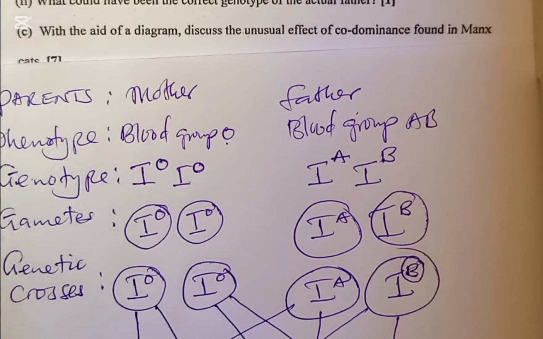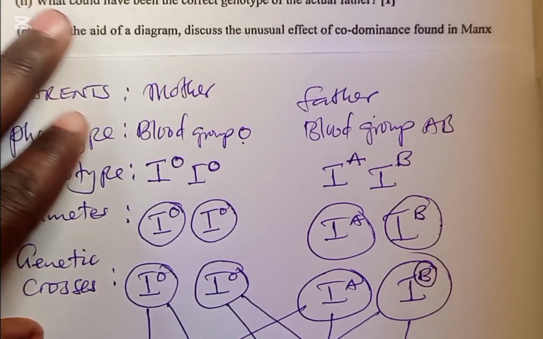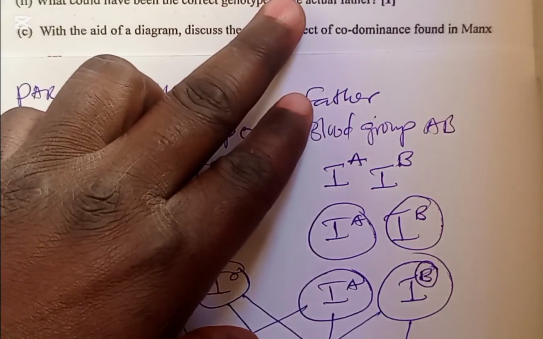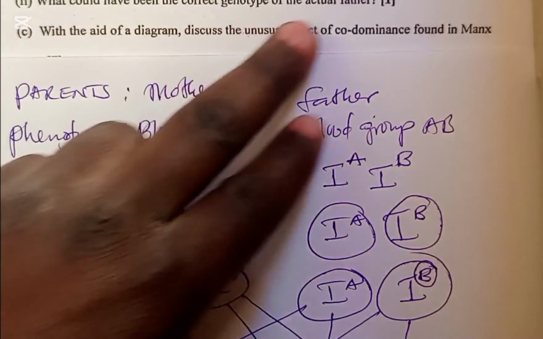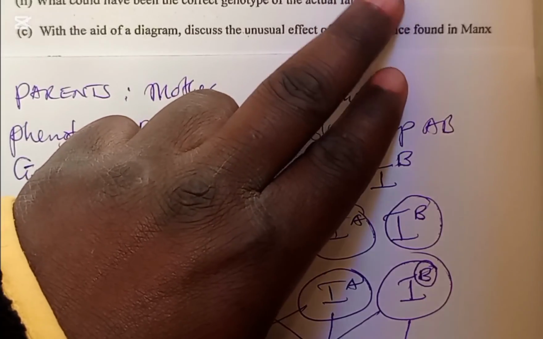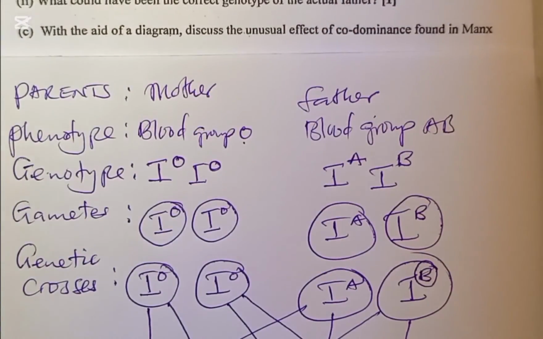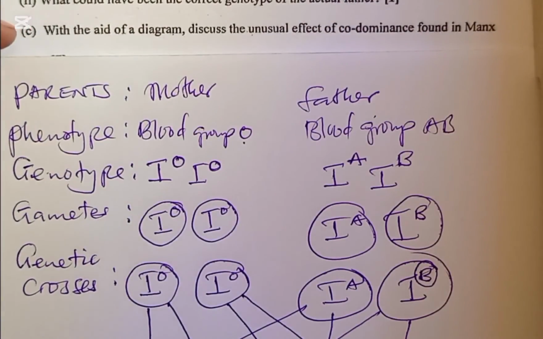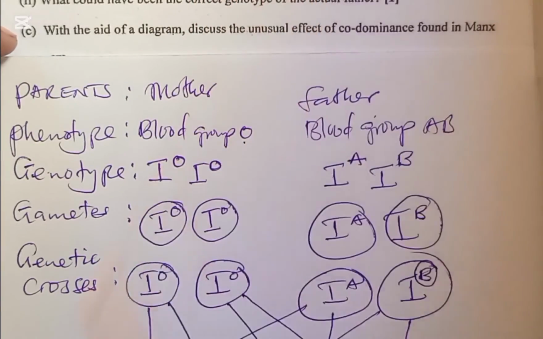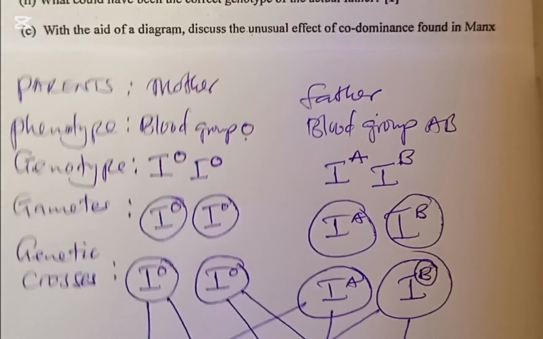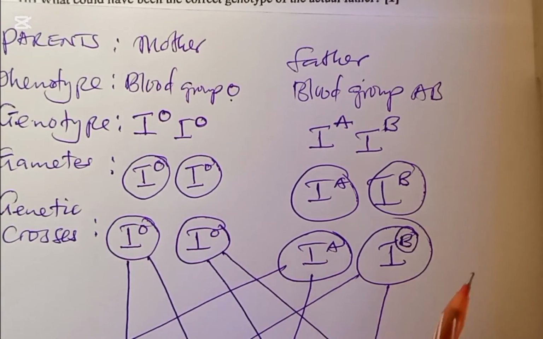Okay, so the first one is saying, by using a genetic diagram, explain why. So the genetic diagram that you've made here is this. So now let's explain why Mrs. Mlenga would win or lose the case. So now we are told that the baby in question has a blood group of O. Now we need to look at the offspring that we have here.